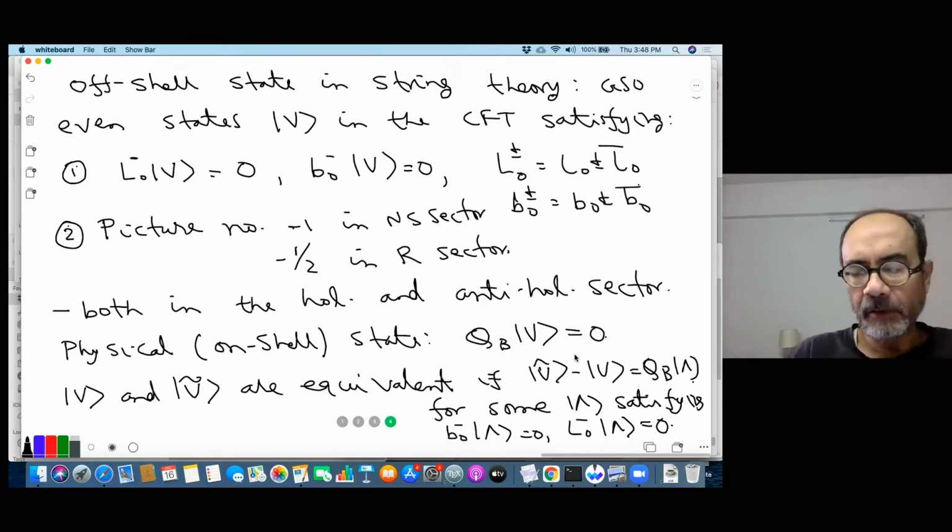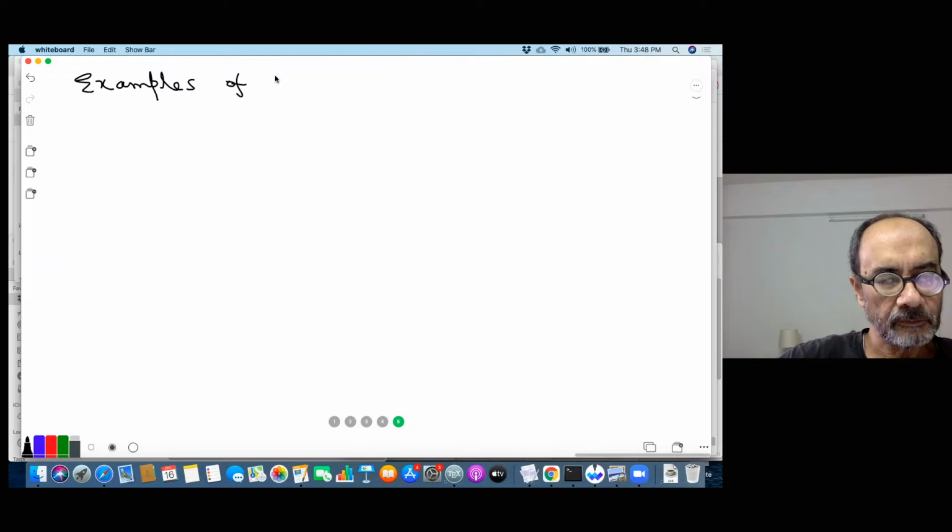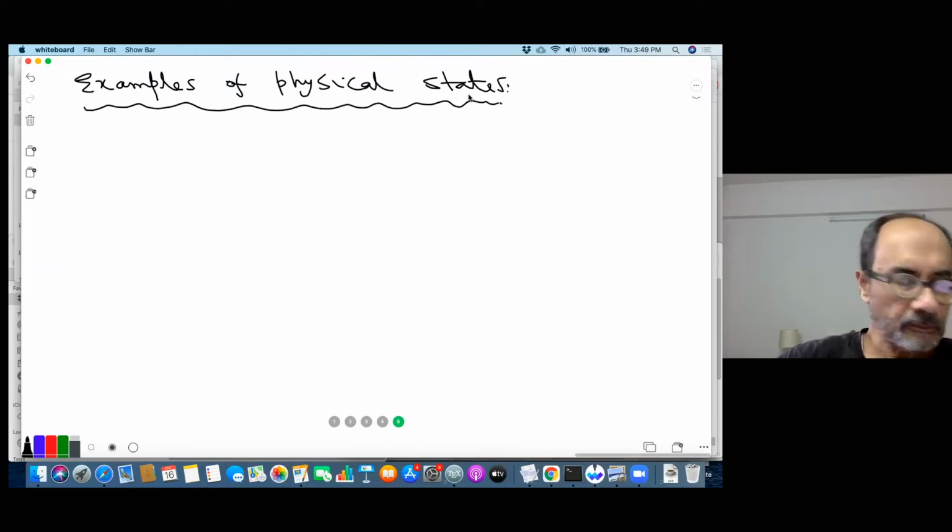So what I'm going to describe now are some examples of physical states. So here is an example, NS sector. This is an exercise.